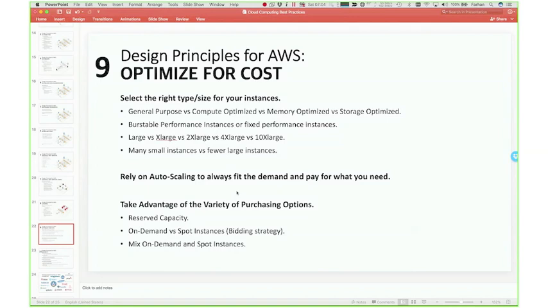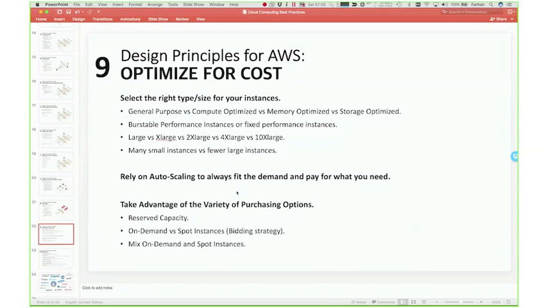The last point is, always when you're designing, take the advantage of various different purchasing options that Amazon provides. You can always use RIs. RIs are called reserved instances, and you can save about 40% on the on-demand costs and make use of the cost benefits that Amazon provides for those instances that cannot use auto scaling.